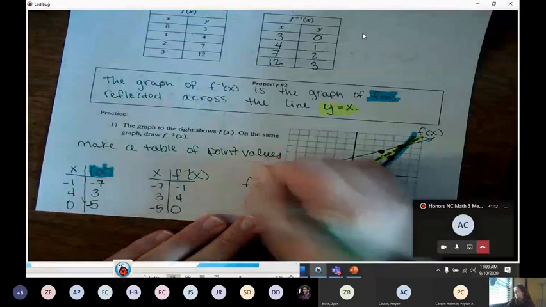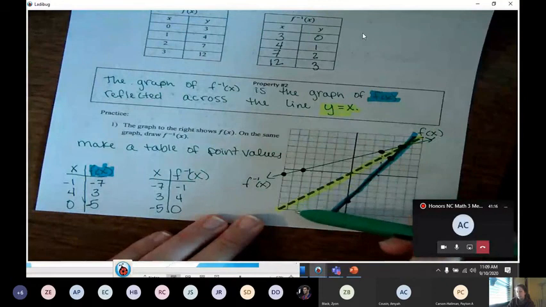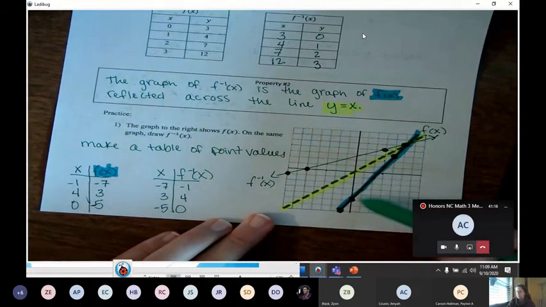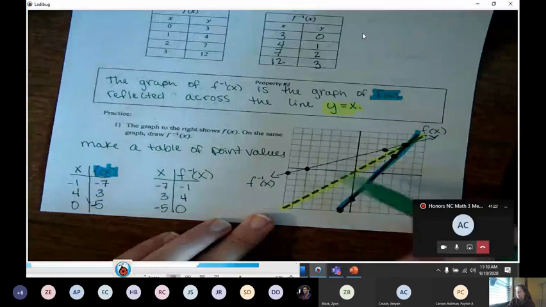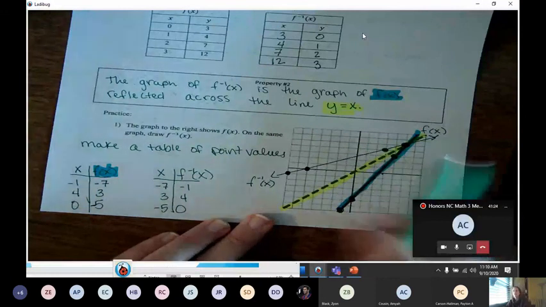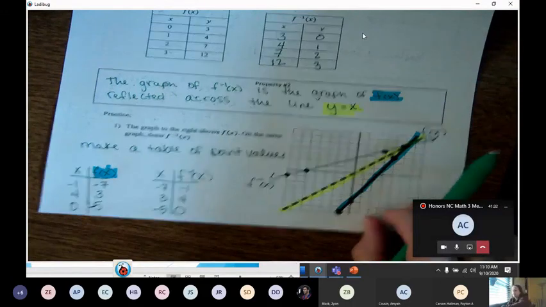Now it's pretty easy to see how I'm pretending this yellow highlighted line is a mirror, and I'm reflecting the lines straight across. Each individual point on the original function is reflected directly across the highlighted y equals x line. All right, so what questions do you guys have about property 2?